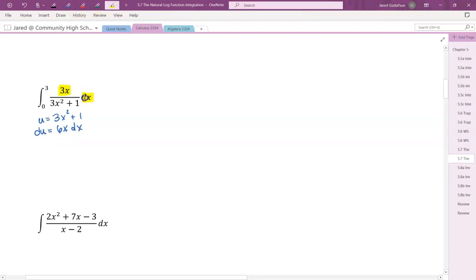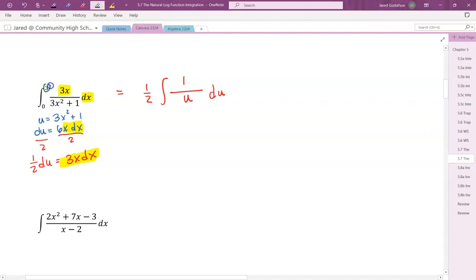If we're trying to replace a 3x, if we divide by 2, we get 1/2 du equals 3x dx. So now we can replace that highlighted stuff with 1/2 du. What's left on top? 1. We're substituting our denominator with u.